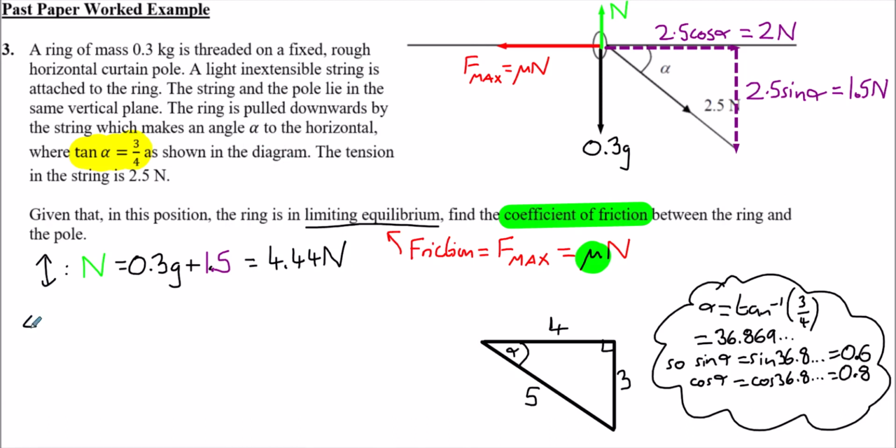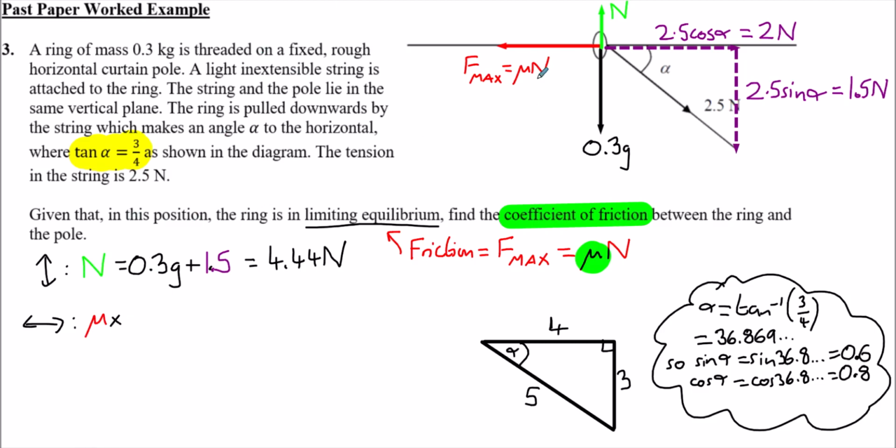So then we can resolve horizontally. The forces going to the left, in this case mu N, will equal the forces or components of forces acting to the right. In this case, we'll have F max, which is mu multiplied by N. Now we worked out what N is.